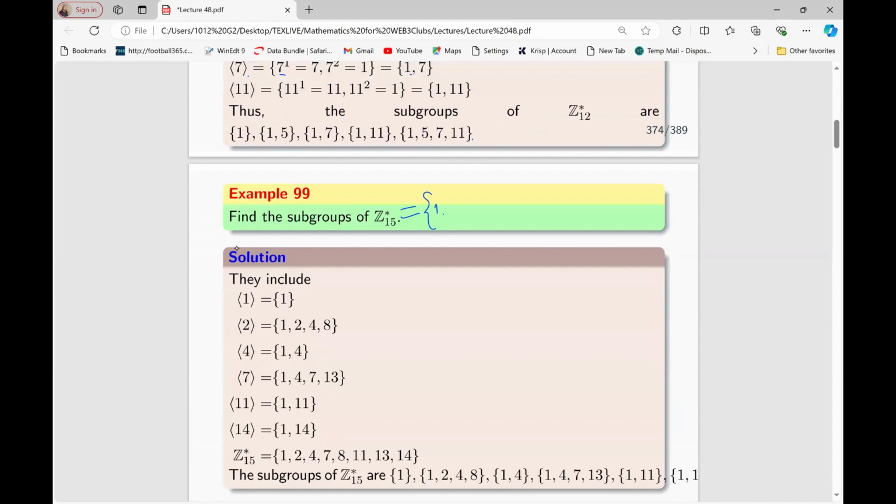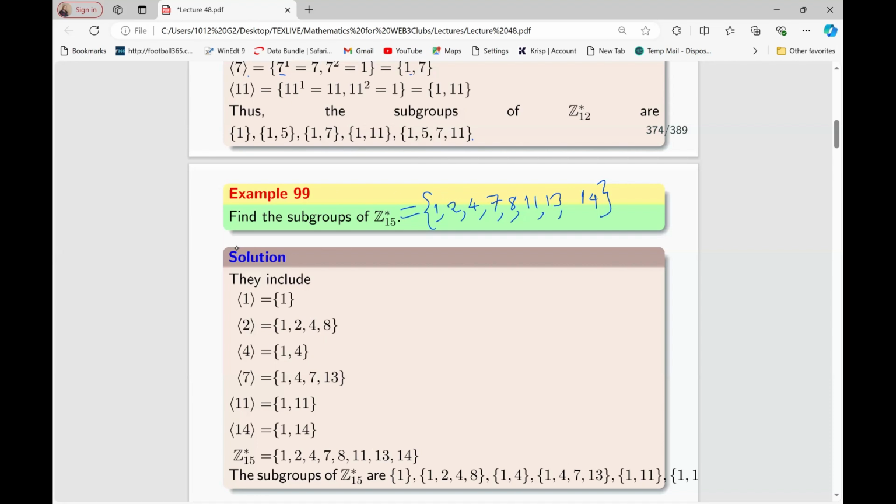And that function tells us we have 1, we have 2, we have 4. 3 is not, 5 is not, 6 is not, we have 7, we have 8, 9 is not, 10 is not, 11, 12 is not, 13, then lastly, 14. So we have a function that will be giving us all those.